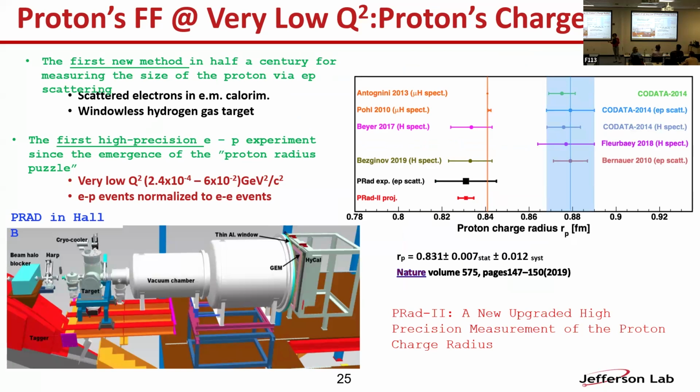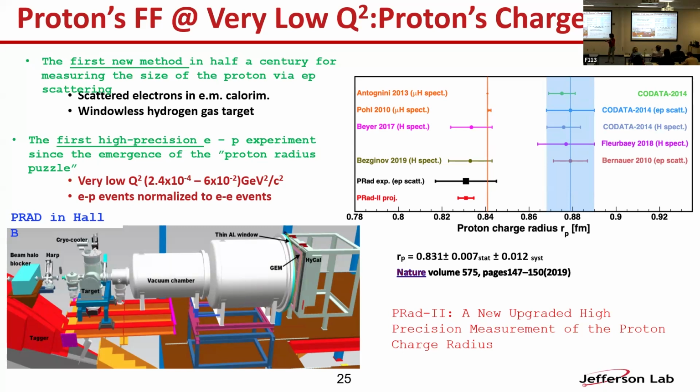What was different in our experiment compared to the previous electron scattering ones? First of all, previously all these experiments used a magnet to deflect the electron and then measure its energy. In our case, we used an electromagnetic calorimeter to measure the energy.